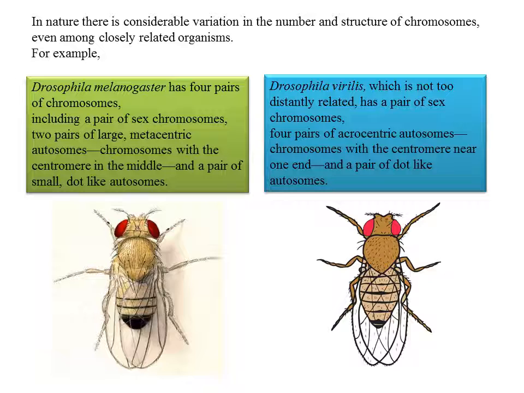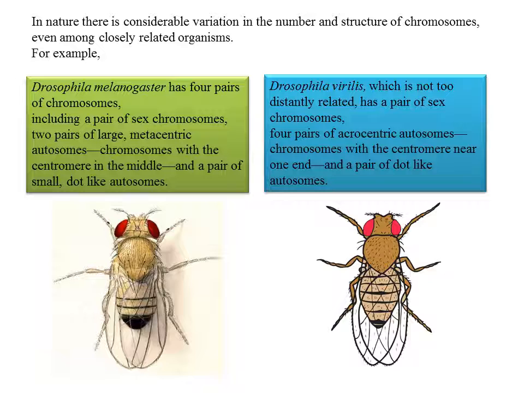In Drosophila melanogaster, as well as in virilis, four pairs of chromosomes are found, including one pair of sex chromosomes and three pairs of autosomes.